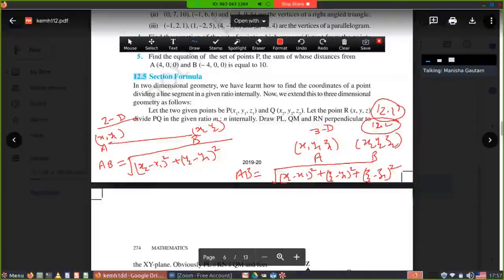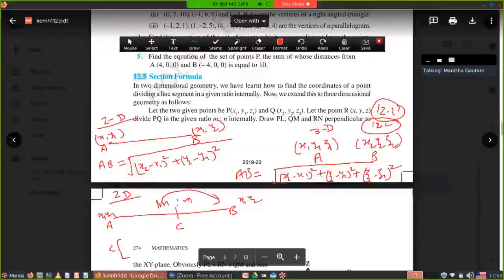In the section formula, when we are talking about 2D, if the points are (x1, y1) and (x2, y2), and point C divides the segment in the ratio m:n, then the coordinates of C, as you have studied, are: m is multiplied with the B coordinates and n with the A coordinates.